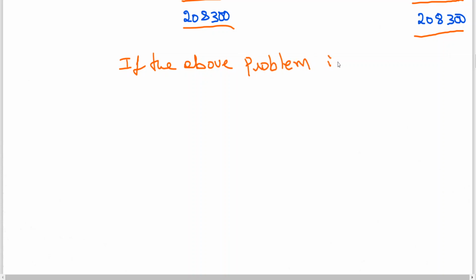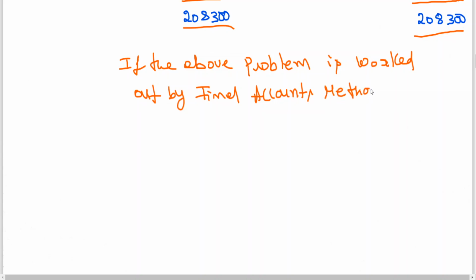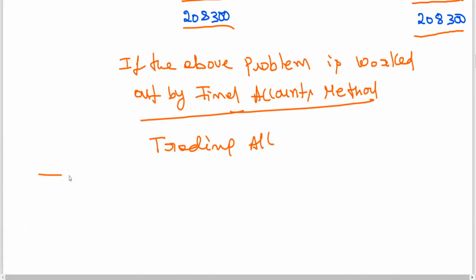If the above problem is worked out by the final accounts method, I told you everything is to be recorded. Trading account for 3 months ending, everything is to be at cost price.